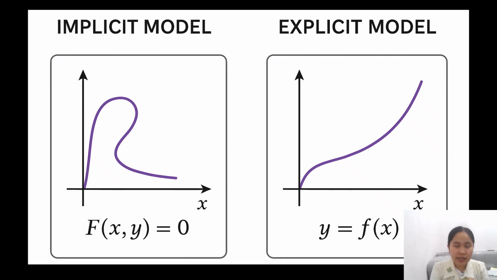Yung linear and non-linear model naman, laging tandaan, pag linear, straight line. Non-linear, it can be on a curved line or not a straight line. And lastly, implicit model and explicit model. Sa implicit model, it has a relationship between two variables na dinadefine mo, and ang graph niya can be loop.